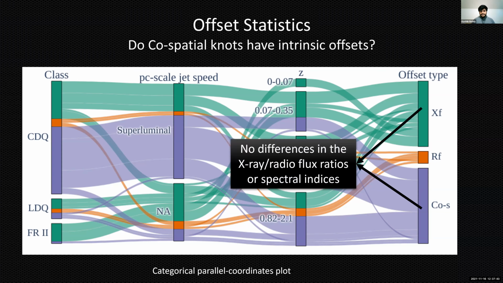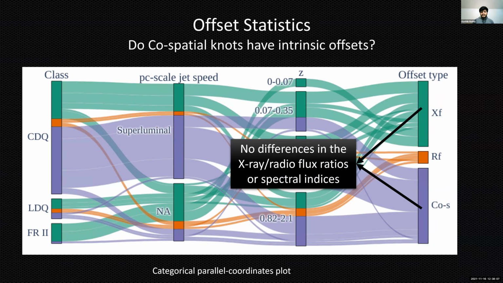And also, I tested for the differences between the knots with offsets and knots without offsets using two signature parameters. One is the X-ray to radio flux ratio, and the other is by testing for differences in their distributions of spectral indices.